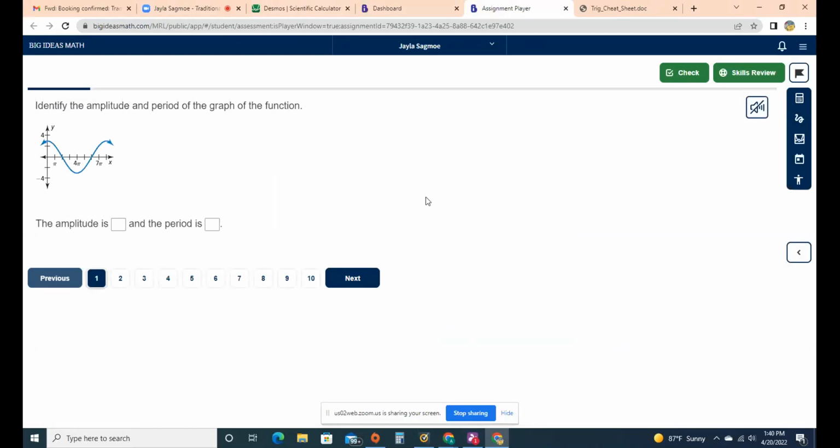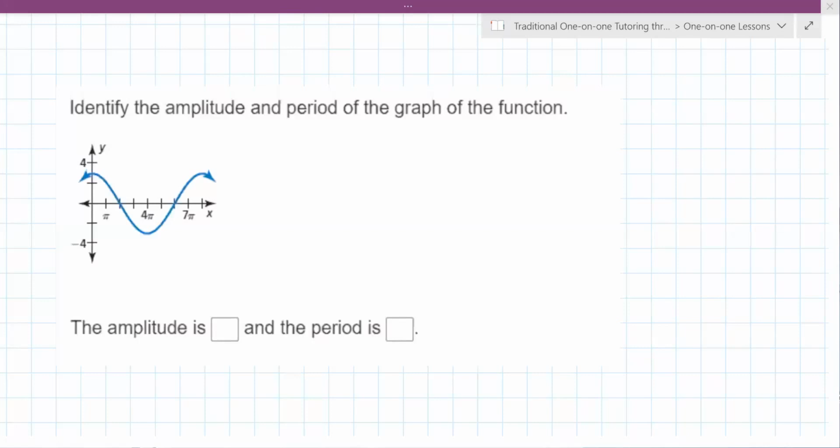All right, so this is new. This is unrelated in some ways to what we just did. The amplitude, you find by finding the maximum value. This is not a great graph, but it looks like the maximum value is at 3, and the minimum value looks like it's down here at -3.